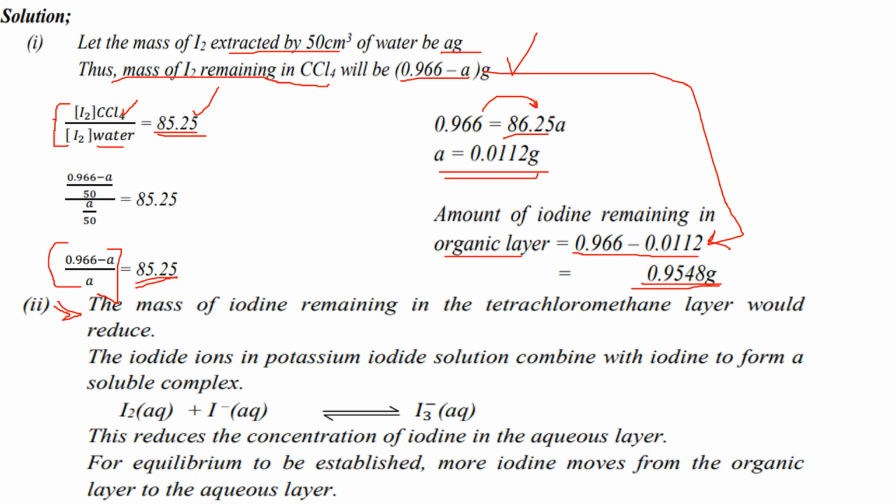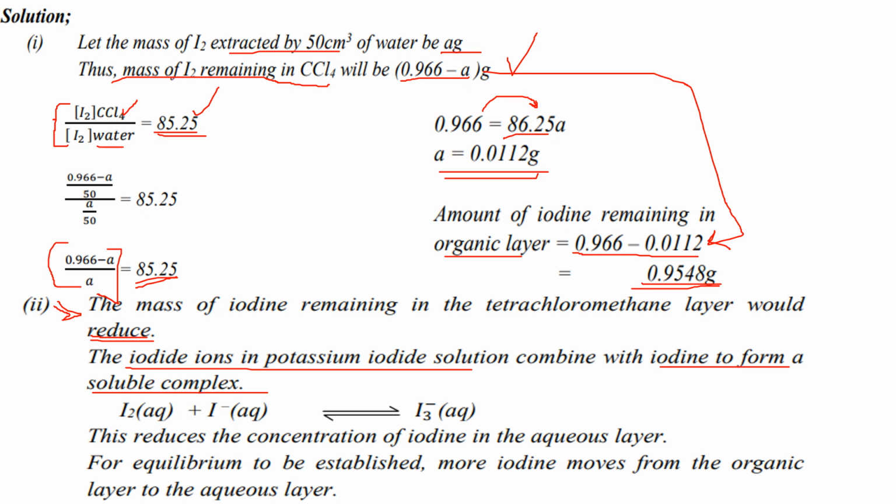We say that the mass of iodine remaining in the tetrachloromethane layer is going to greatly reduce. Why is it reducing? Why did we say in group 7? Group 7 is a video that has been uploaded on this channel too. We say that the iodide ions from potassium iodide solution are going to combine with the iodine to form a soluble complex. So we are going to study a topic known as chemical equilibria, and we are going to look at this in details.